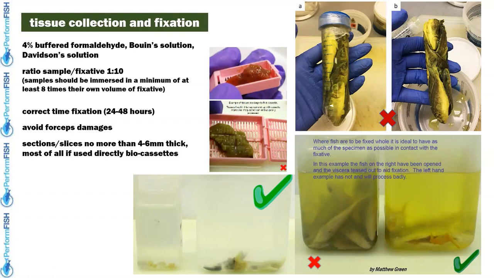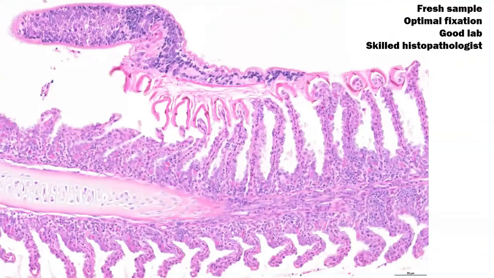For all the other steps, you will have to rely on a laboratory you trust, of course. For the processing and the staining, a good histological lab is necessary. When all the steps have been followed in the best way, this is the result.